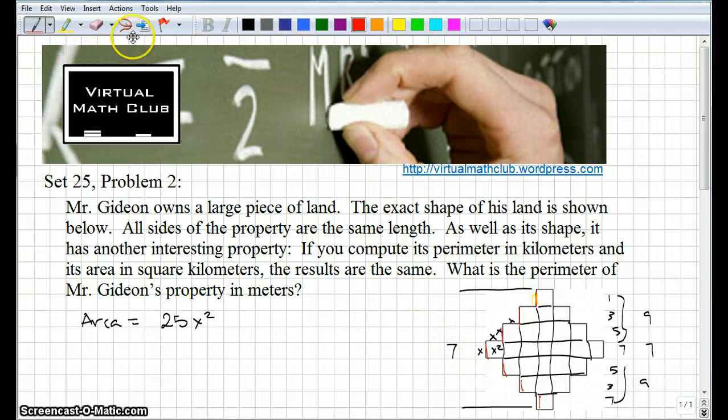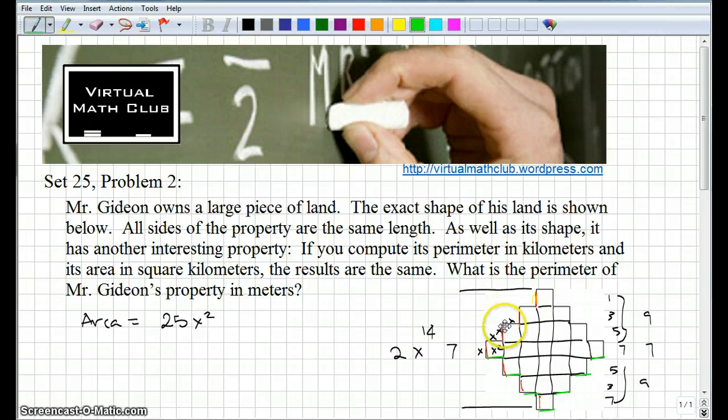So times 2, so we have 14 vertical pieces, okay? And we'll also have 14 horizontal pieces. So if I were to count the horizontal pieces, I'll use a different color here. You can see that we'll have 1, 2, 3, 4, 5, 6, 7 horizontal pieces, and then there'll be 7 horizontal pieces on the top too.